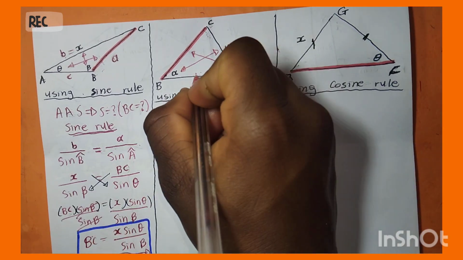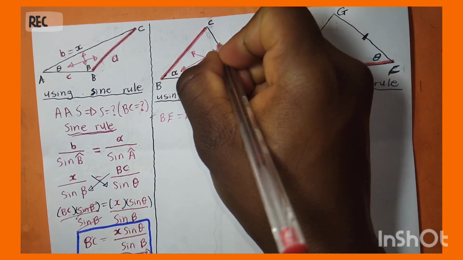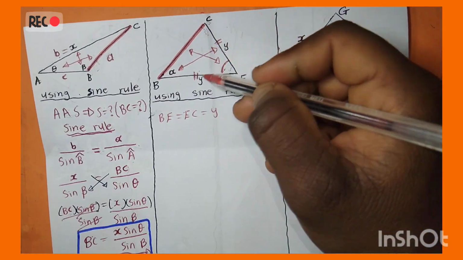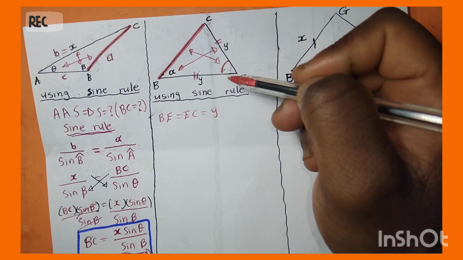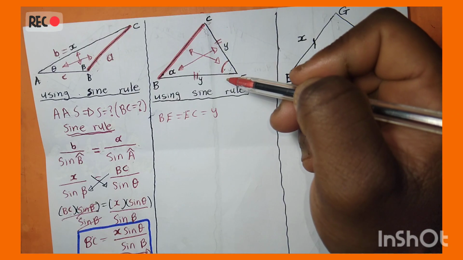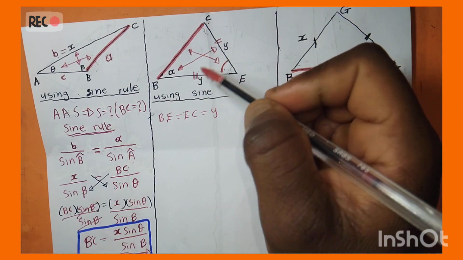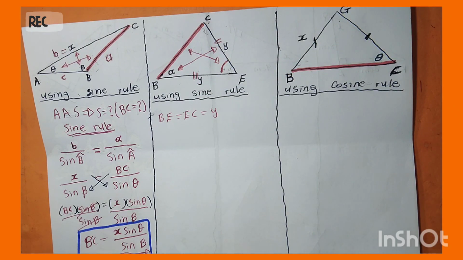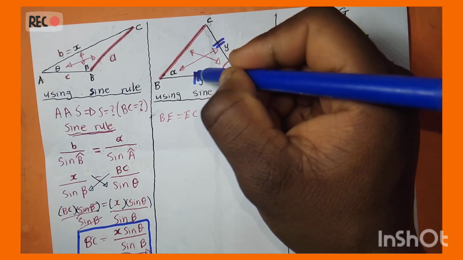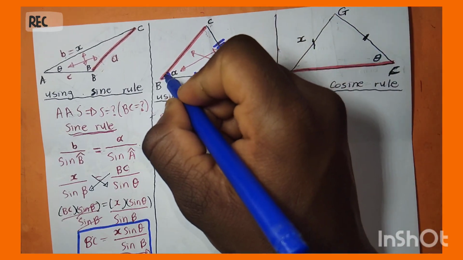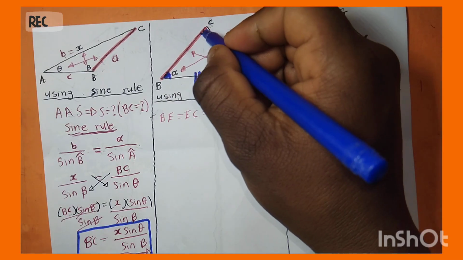If these two sides, guys, are equal in a triangle, that triangle is what you call an isosceles triangle. It simply says that if these two sides are equal, it means that the two opposite angles will be equal.